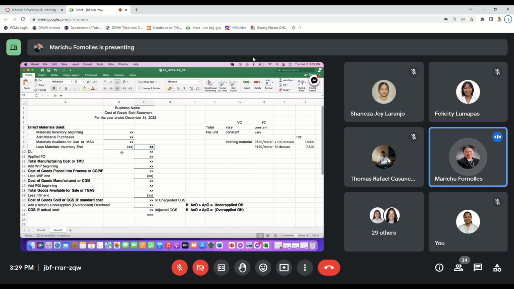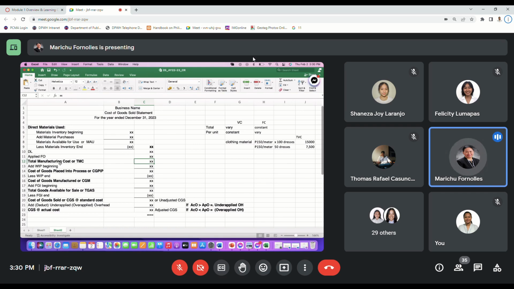Add to your direct materials used the direct labor cost, add the overhead applied to production. So when you add direct materials used, direct labor, and overhead applied to production, you will get the TMC, total manufacturing cost. Sometimes we call it total production cost.